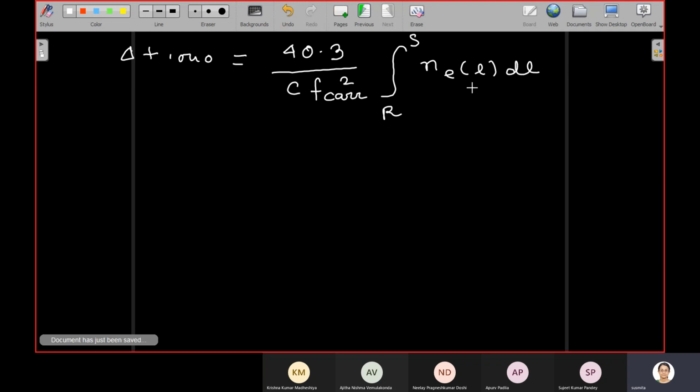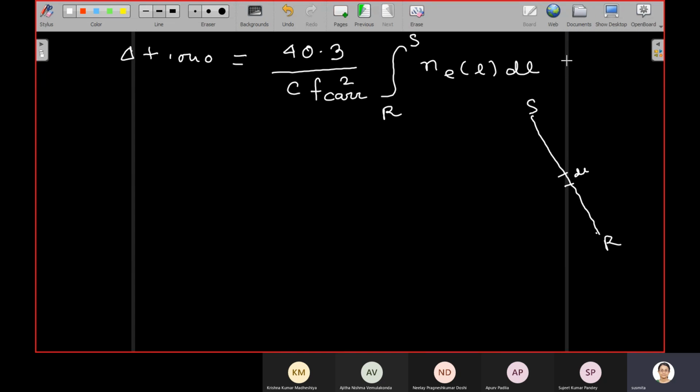N of L is the electron density at distance L from the receiver. This is the receiver, this is the satellite. We connect the two, and this is the signal path. So we calculate the distance from the receiver. N of L is the electron density at some length L from the receiver, and dl is the elemental length.